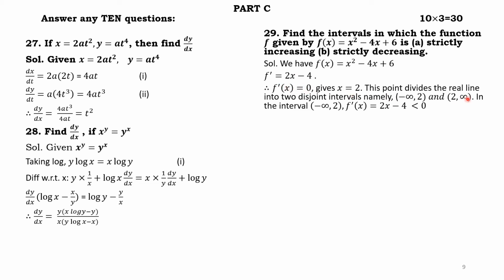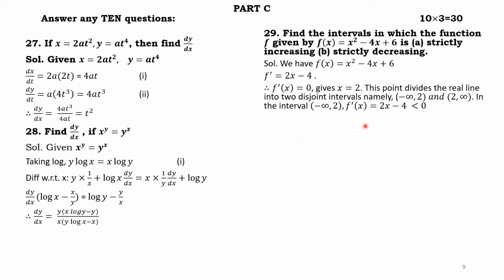This point divides the real line into two disjoint intervals: minus infinity to 2, and next, 2 comma infinity. In the interval minus infinity to 2, f dash x is equal to 2x minus 4, less than or equal to 0.